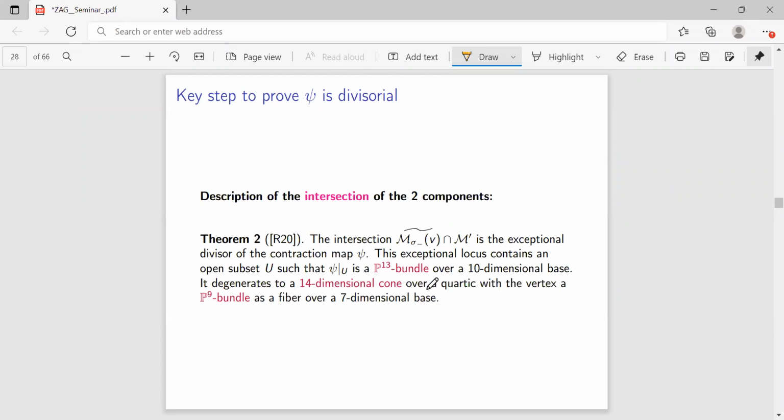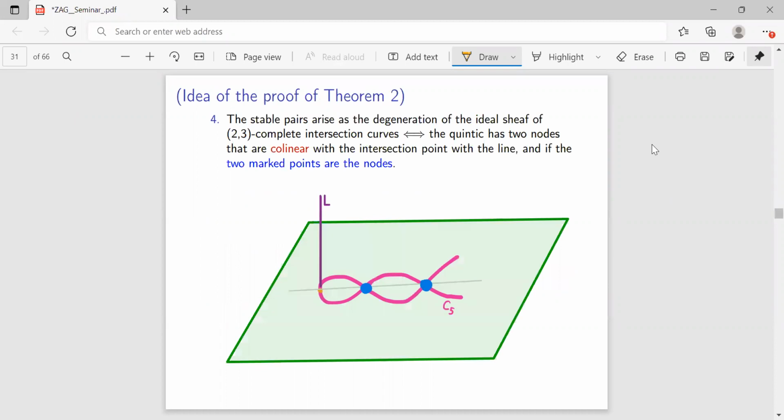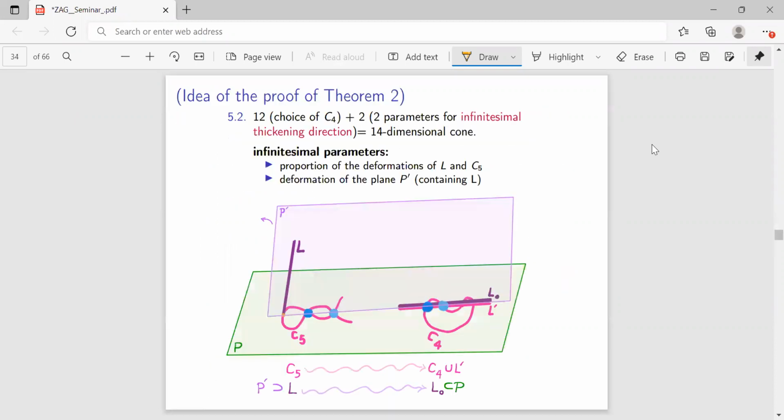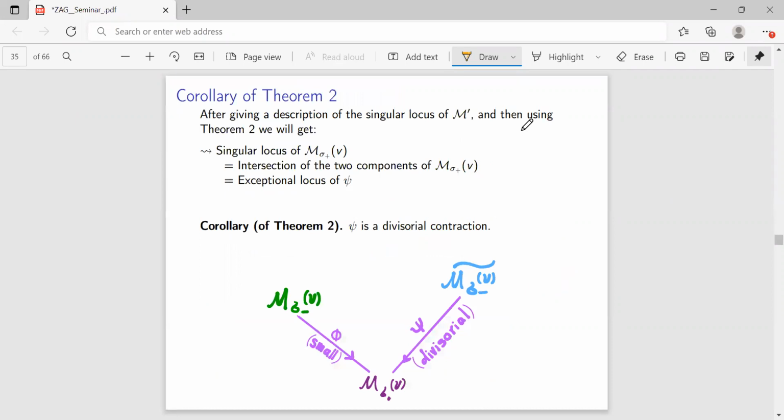But the corollary of this description of this intersection would be this. Let me go to the corollary. Okay, the corollary is this, that the singular locus of this M sigma minus, M sigma plus is exactly the intersection of those two components, which is exactly the exceptional locus of this map that we wanted, and basically we can see that this is an exceptional divisor.